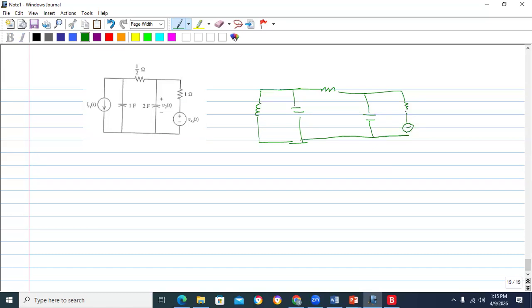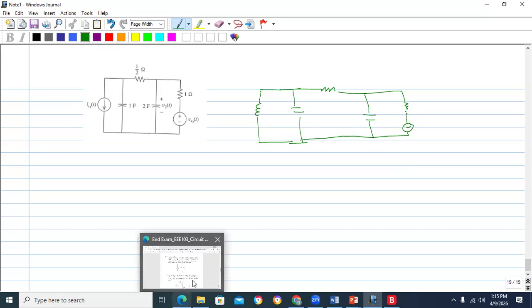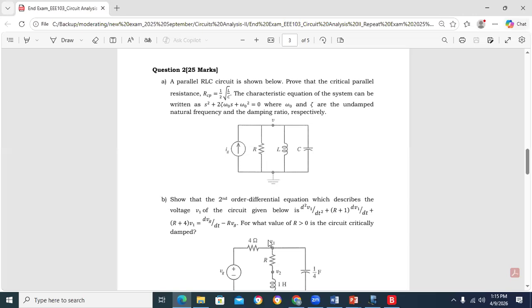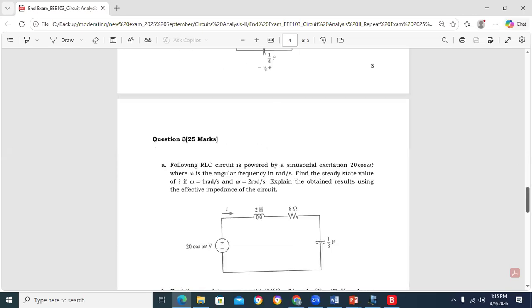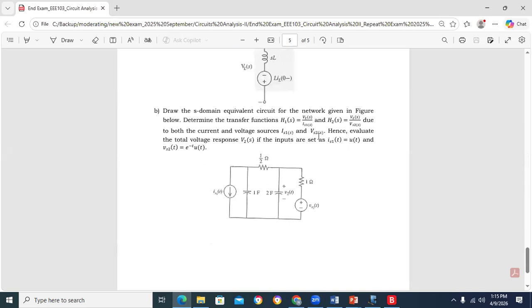Okay. This is the voltage source. Then you are asked to find this one.